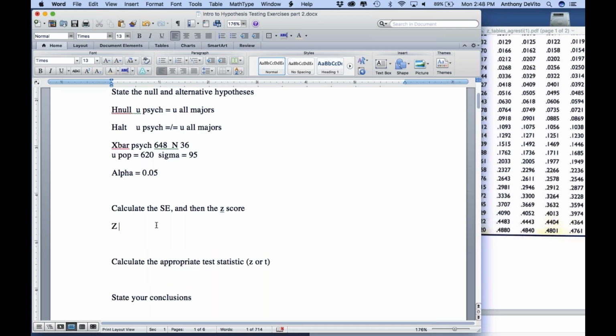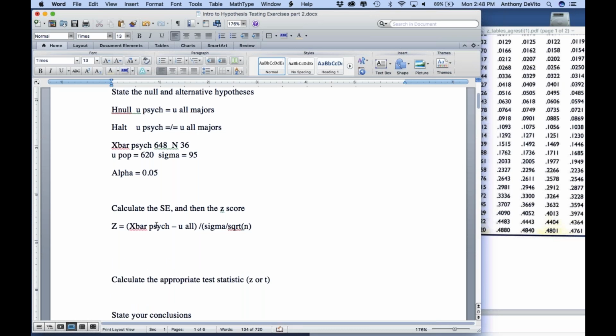Okay, z is equal to the difference between x bar for these psych students minus the mean for all students divided by the standard error. The standard error is really sigma over the square root of the sample size, square root of n.